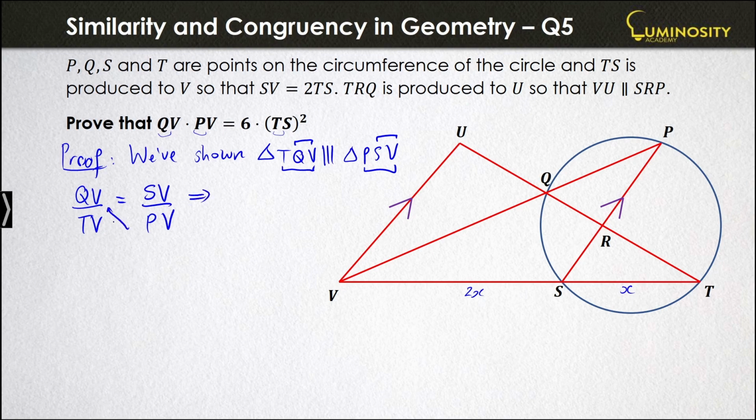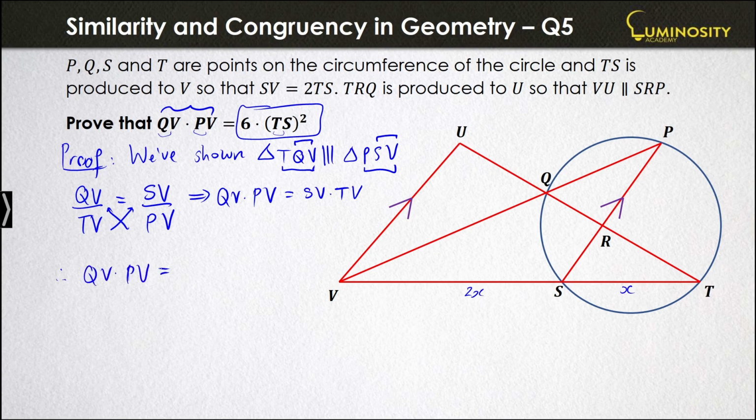Okay, so it almost looks like it's going to match up now. So if I cross multiply both sides, QV times PV, which is great, that's what we wanted on the left, equals SV times TV. So not quite this expression just yet, but let's carry on. So we got QV times PV equals, well, SV, that was 2 amounts of ST. So I'm going to rewrite SV, it's this information here, as 2TS.